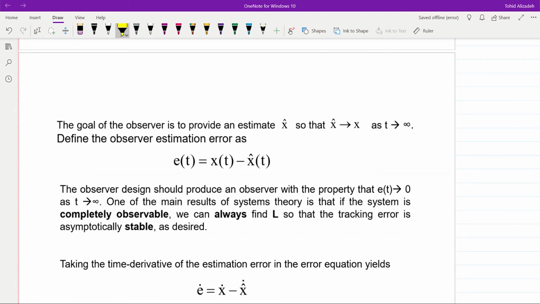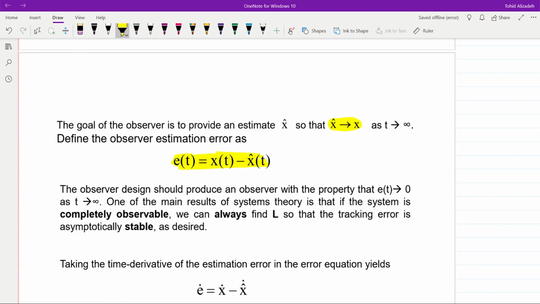So if the difference between these two becomes small as time goes towards infinity, we will have a proper observer. Here we have the definition of the estimation error for the state: e is equal to x minus x hat, the actual state minus the estimate of the state.